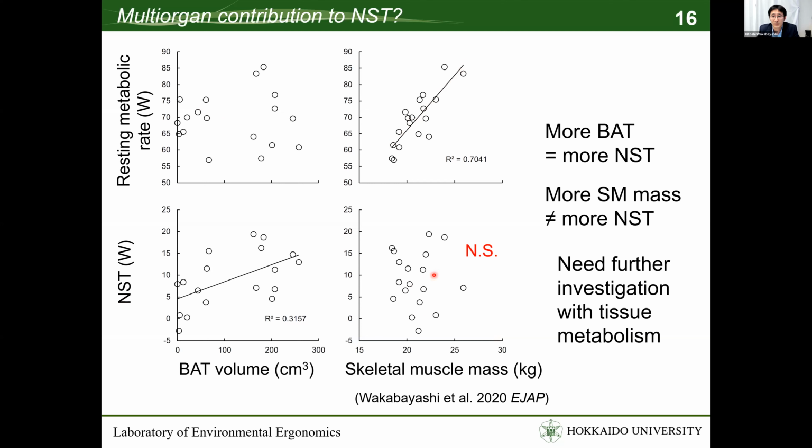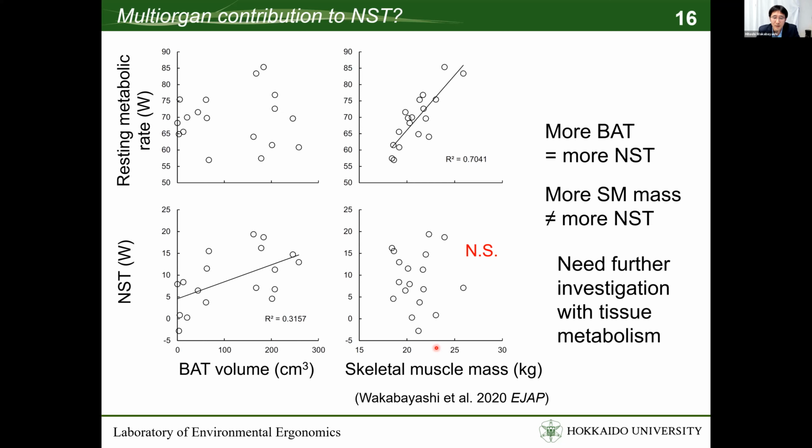non-shivering thermogenesis. So from this data, we suggest brown adipose tissue contributes to non-shivering thermogenesis, but skeletal muscle shows a minor contribution to the non-shivering thermogenesis.